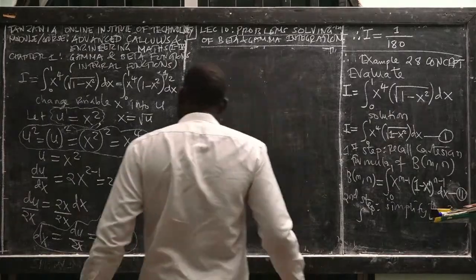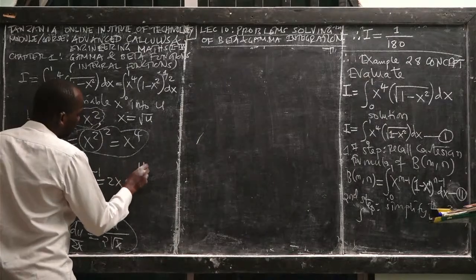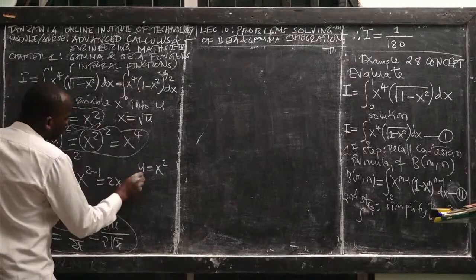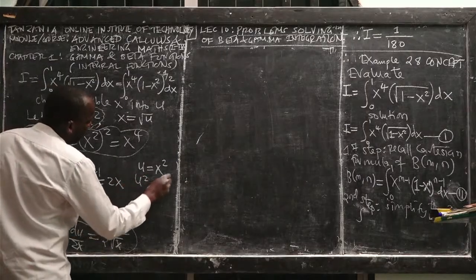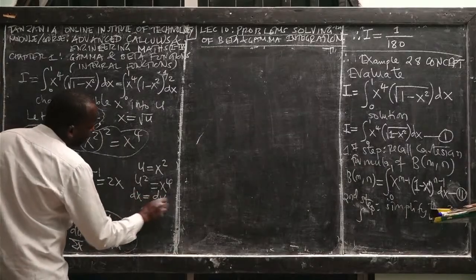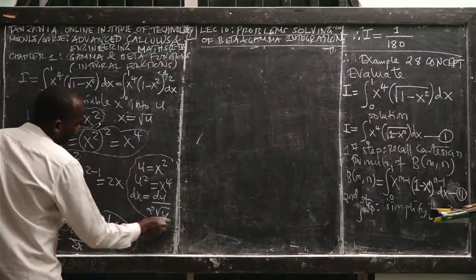So the important equations are these. Let me write them together here. U is equal to x square. Another one says u square is equal to x power 4. Another one says dx is equal to du over 2 under root of u. So these are the important equations.